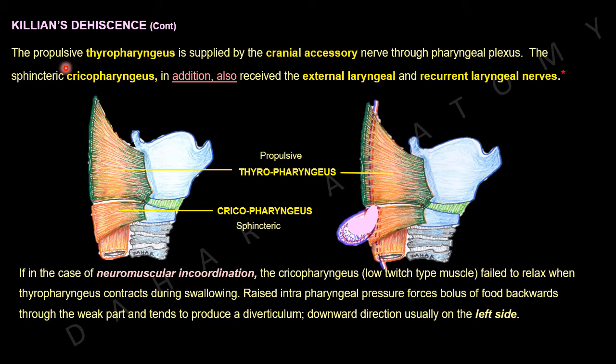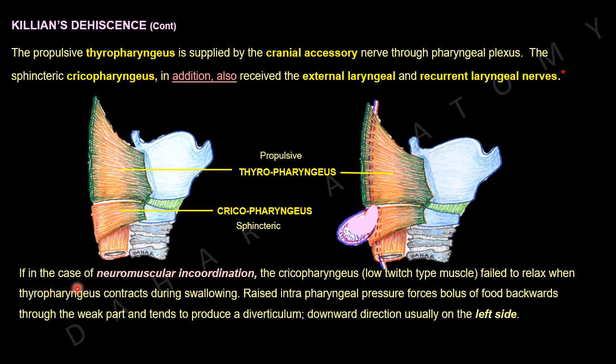The propulsive thyropharyngeus is supplied by the cranial accessory nerve through the pharyngeal plexus. The sphincteric cricopharyngeus, in addition to the cranial accessory nerve, also receives the external laryngeal and the recurrent laryngeal nerves.